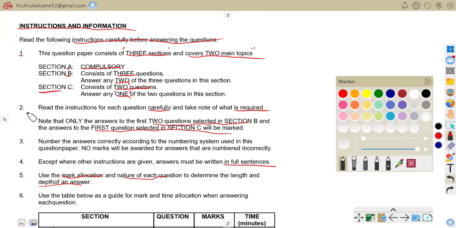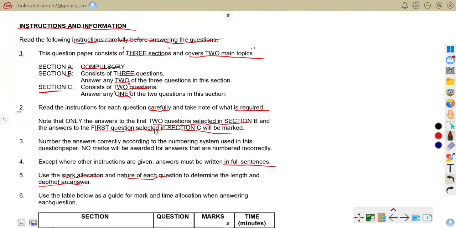Now let's come to instruction 2. Read the instructions for each question carefully and take note of what is required. That is a very important instruction. Read the instructions for each question carefully so that you can understand what the question wants and take note of what is required, so that you do not lose marks easily because you didn't understand the instruction on that question.